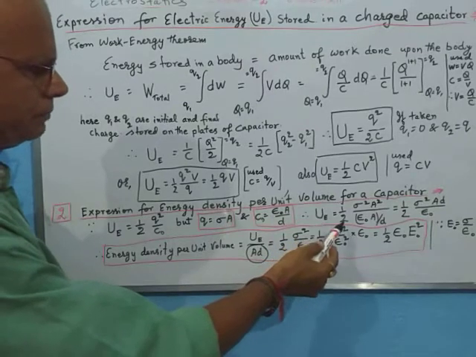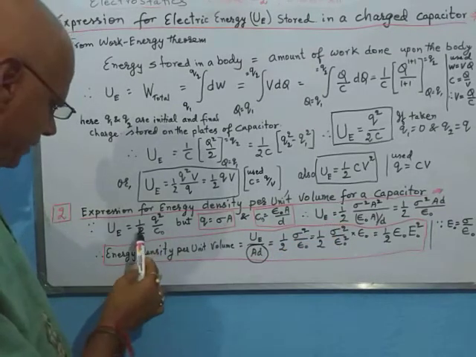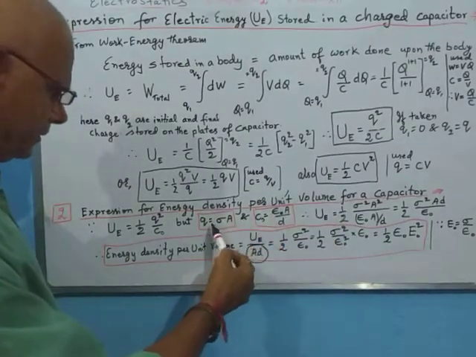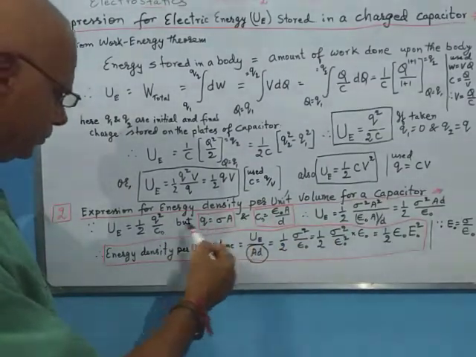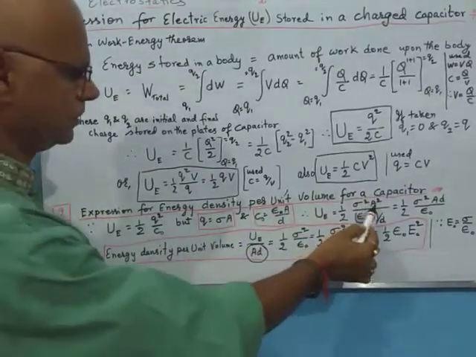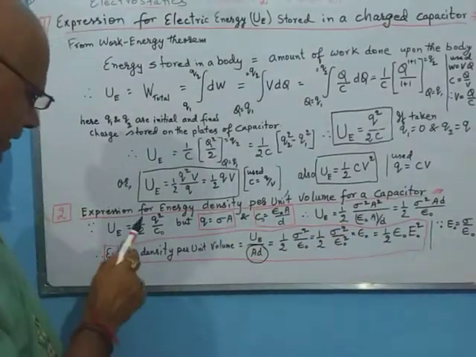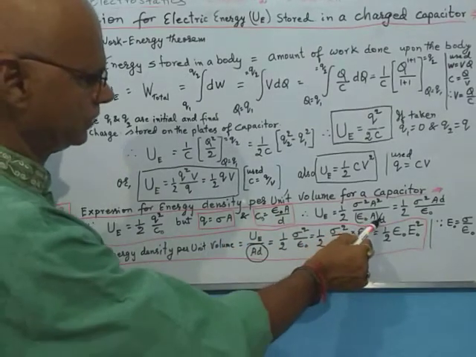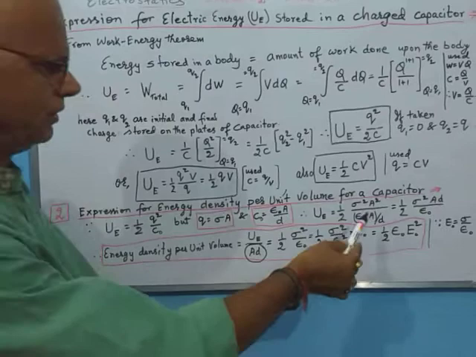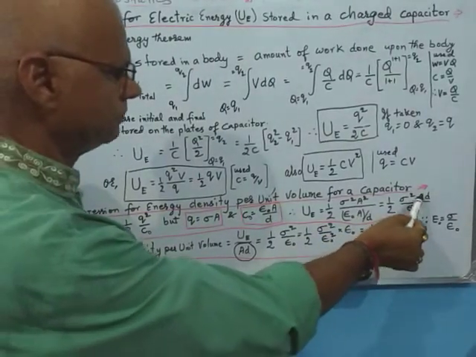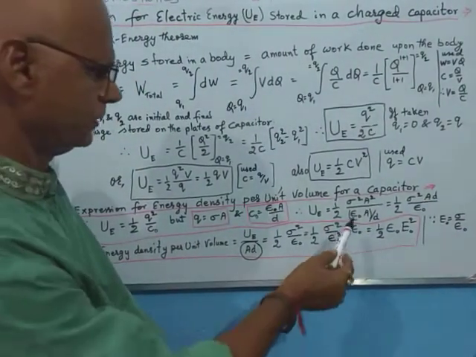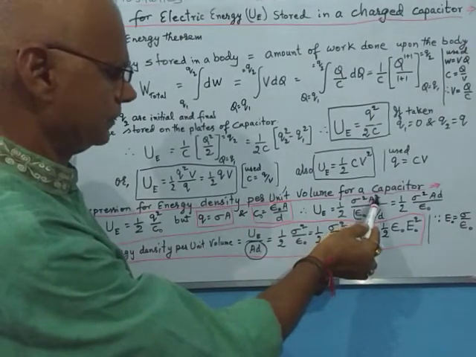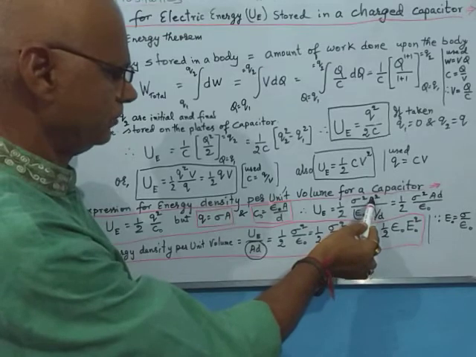we get the total energy stored in a capacitor equal to half, and for Q we have sigma into A. So Q square is sigma square A square, divided by the expression for capacitance, epsilon naught A by D. On solving we get half sigma square AD by epsilon naught, because A square in the numerator cancels with one A, so only one A is left.